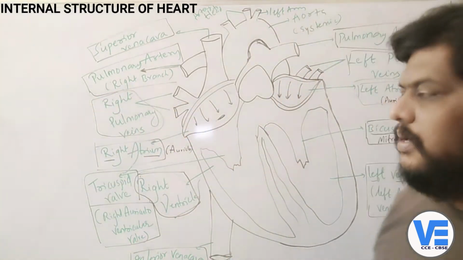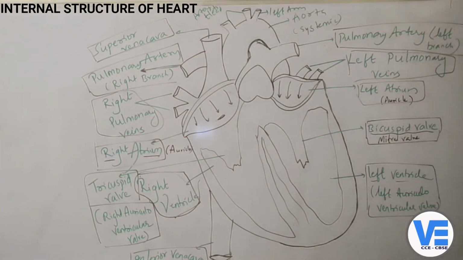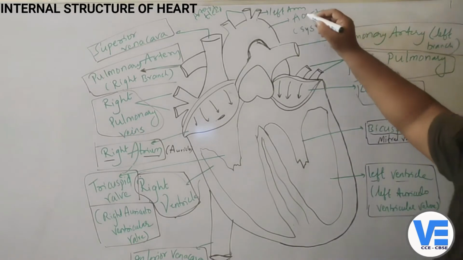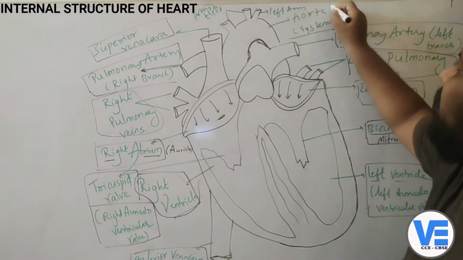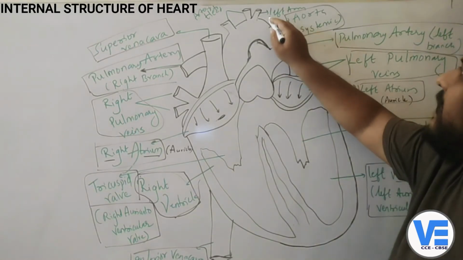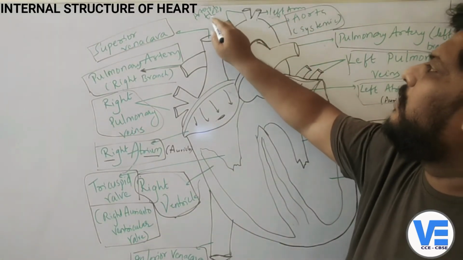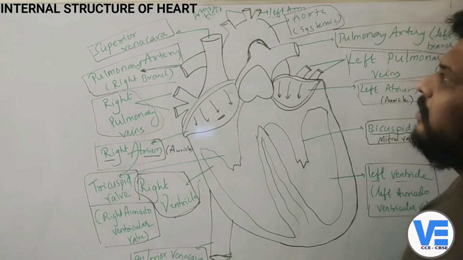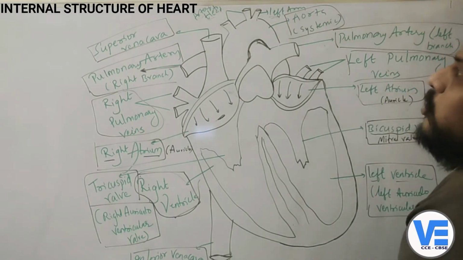The last one we are going to see here is the systemic aorta, and also the blood vessels which go to the left arm, and the artery which goes to the head.